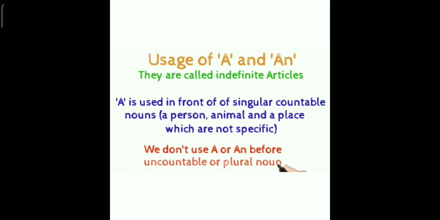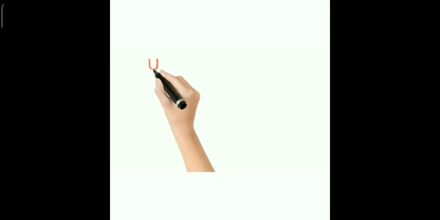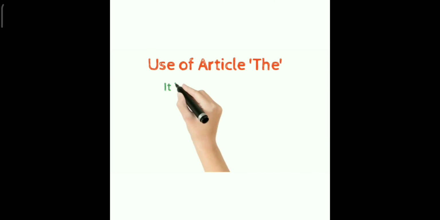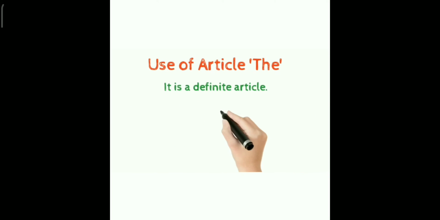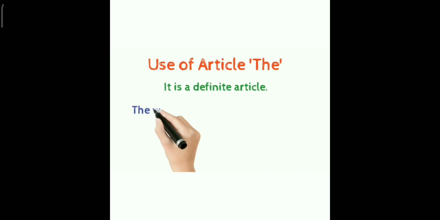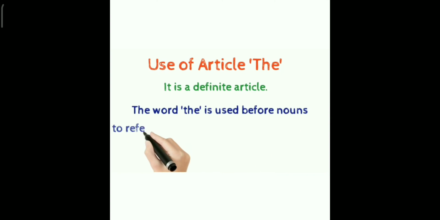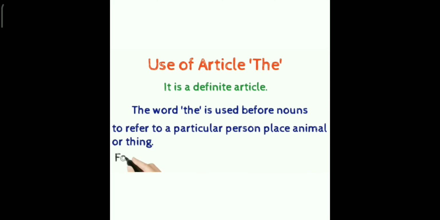Now let's understand the usage of the article the. It is a definite article. When we know which thing we are talking about, we will use the. The word the is used before the nouns to refer to a particular person, place, animal, or a thing. Now let's take an example of the Taj Mahal.